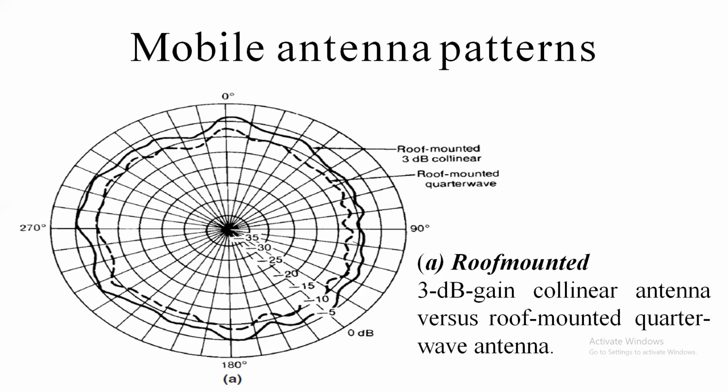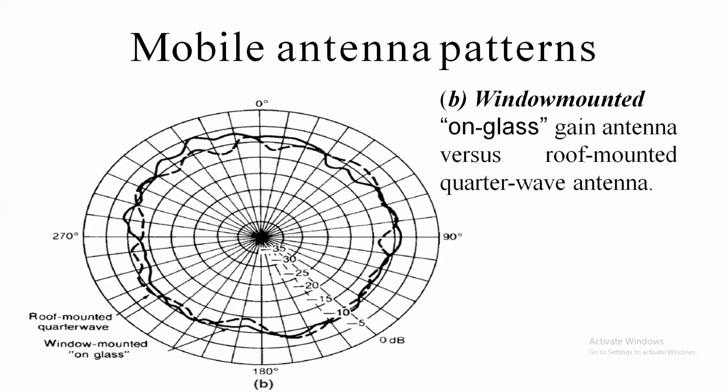Also, the other one is the glass mounted antennas. This is a glass mounted antenna. In the glass mounted antennas, the energy is coupled through the glass. For that, there is no need to drill a hole in the antenna.